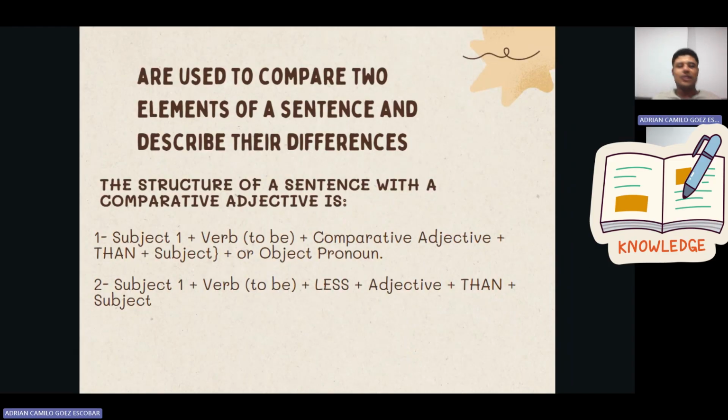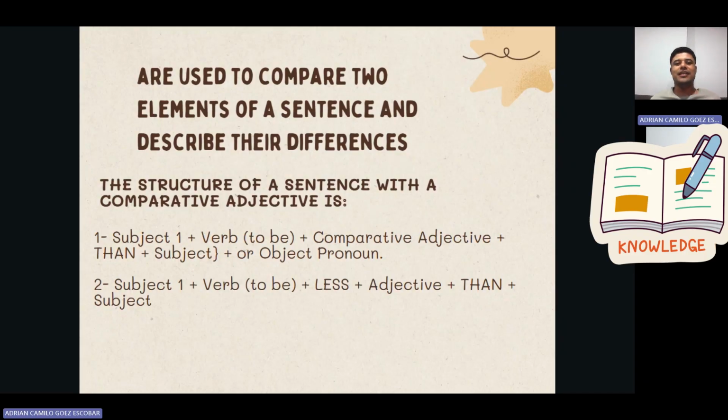The structure of a sentence using comparative adjectives in English establishes a relationship of superiority or inferiority between two elements. It's a formula that connects subject A with subject B, using the adjective in comparative form.